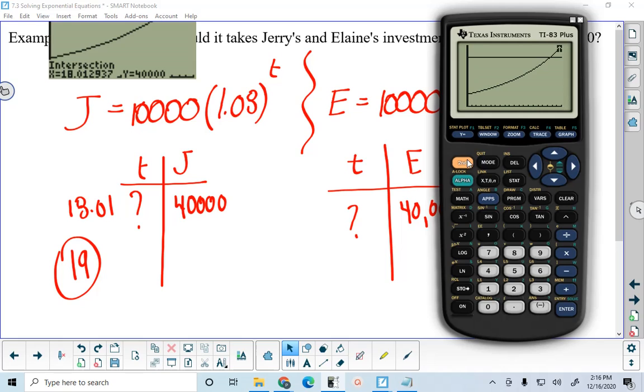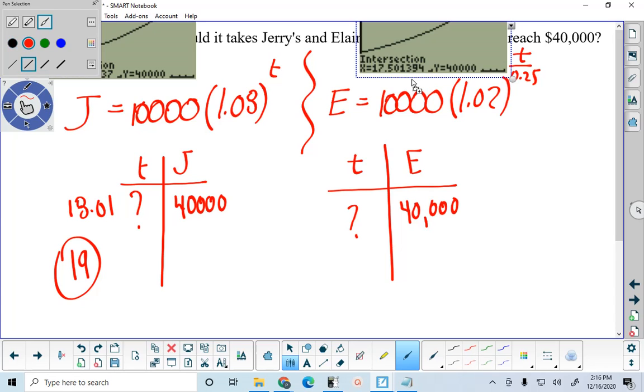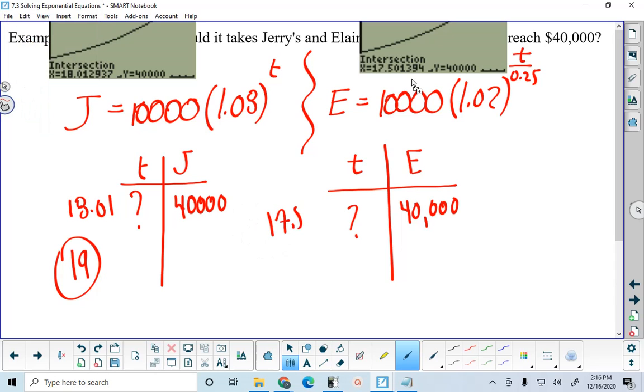Now what I want to do is calculate the intersection, and I get 17.501.